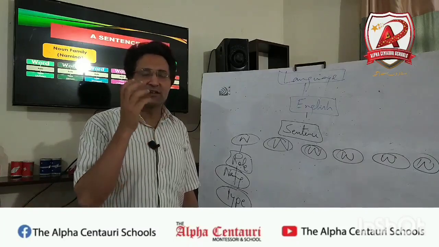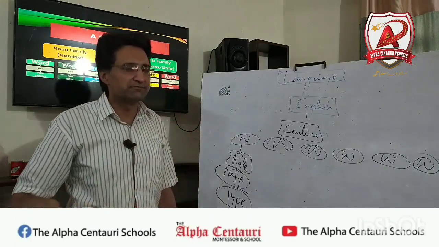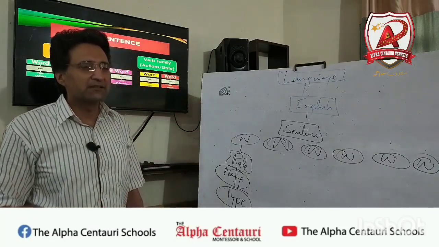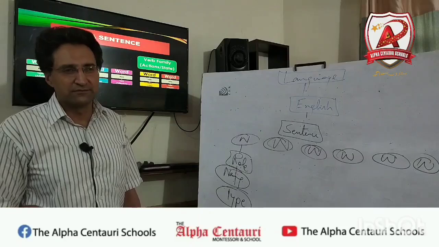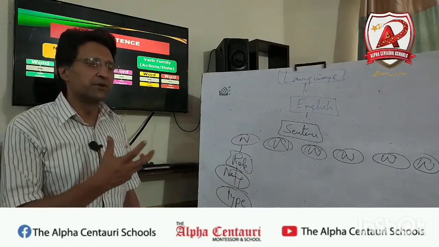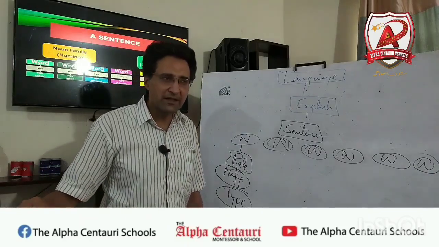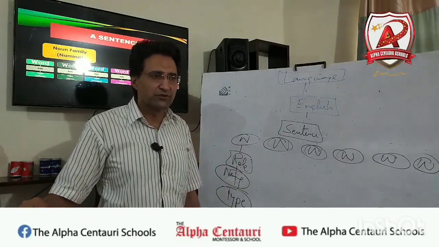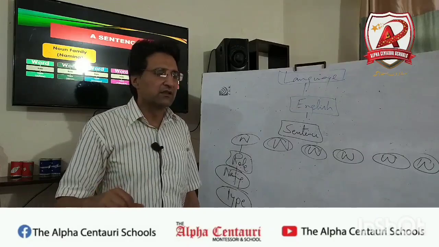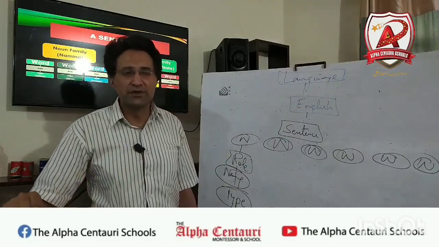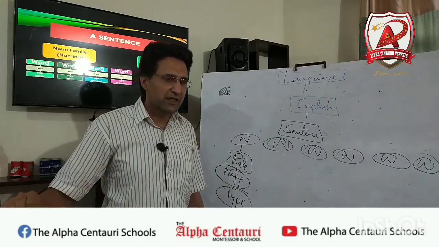When you are saying, for example, the painting is beautiful, your work is beautiful, your artwork is beautiful, the dress is beautiful, you are not naming it. You are talking about quality. Are you getting the point?